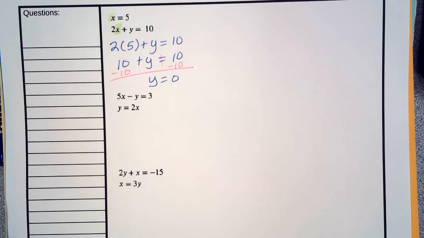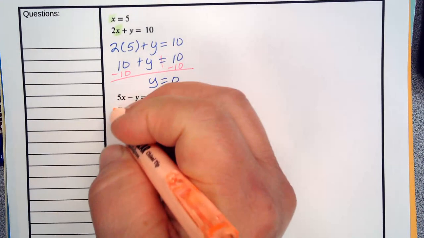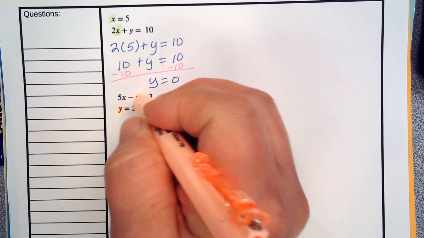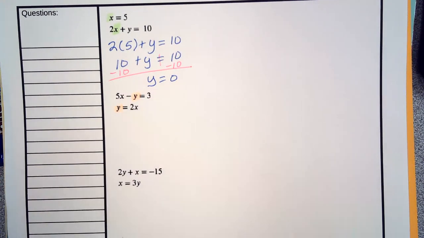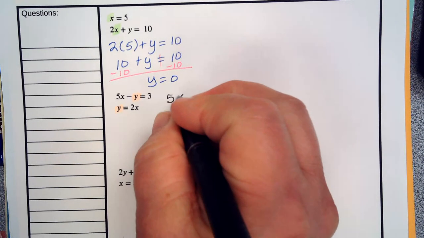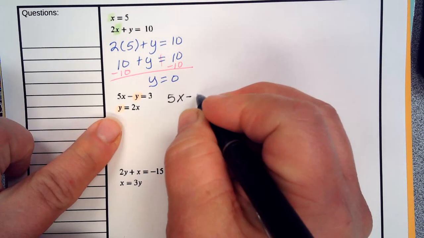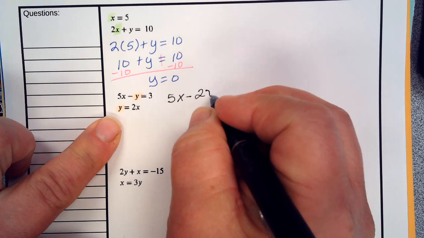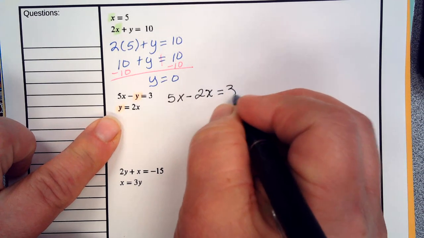What happens, though, if we've got a variable going on? So I've got y, this is y, I know what y is. I'm still going to substitute. It's the same principle. 5x minus, this time the whole thing goes in, 2x equals 3.